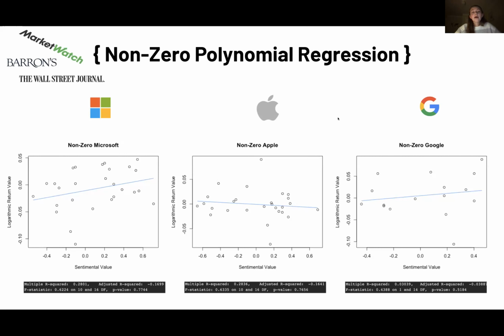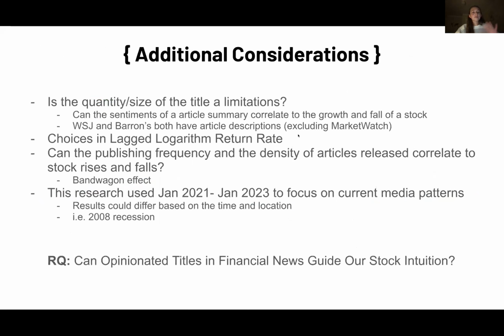But I wouldn't necessarily stop here, because of some additional considerations. I do believe that the title could have been a very big limitation, because I am using a sentimental value, and the way that NLPs work, they extract words that are redundant or unnecessary.